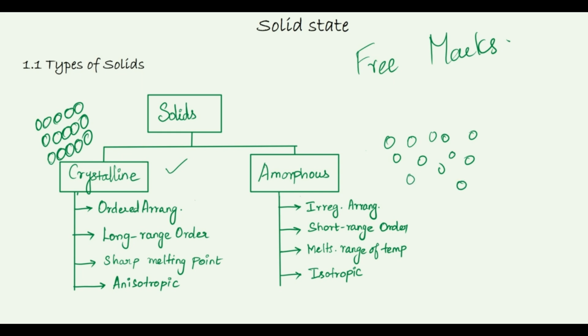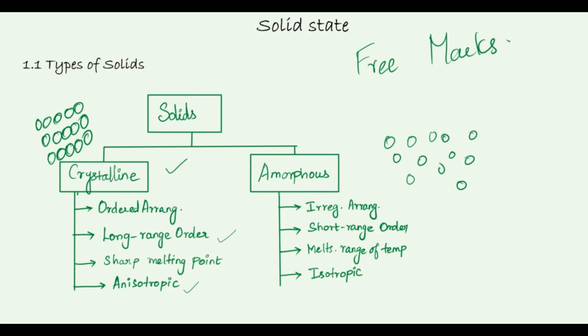Due to that, what will happen? A crystalline solid will have long range order and is anisotropic. What is anisotropic? The properties are different in different directions. But in case of amorphous, the properties are the same in all directions.